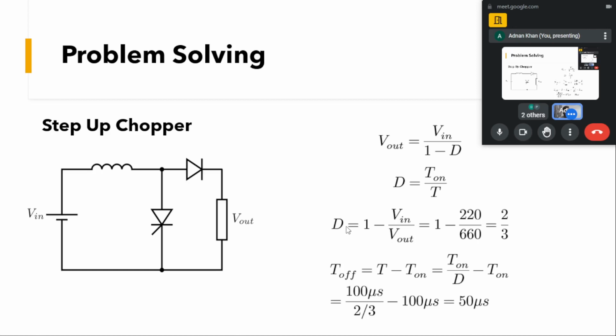D is not given to us; only V in and V out are given, so we can calculate the value of D. That will be equal to 1 minus 220, the input voltage, divided by 660 volts, the output. If you solve this, our D comes out to be equal to 2 by 3.